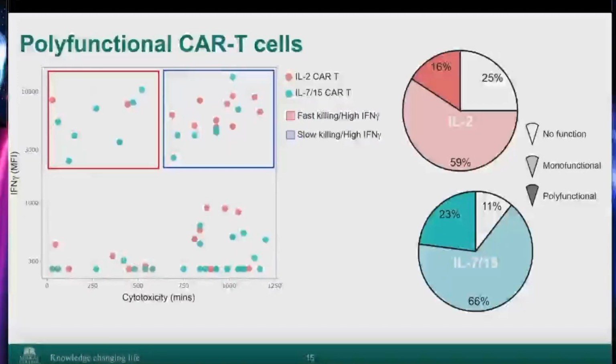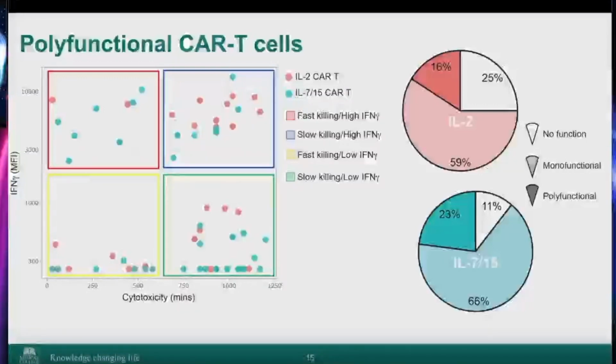So, reduction in time before we saw this cytotoxicity. And then also some that were producing high amounts of interferon gamma, but had much more delayed killing. And then there were also cells that produced very little interferon gamma, but killed quickly, and those that were slow killers and produced low amounts of interferon gamma.